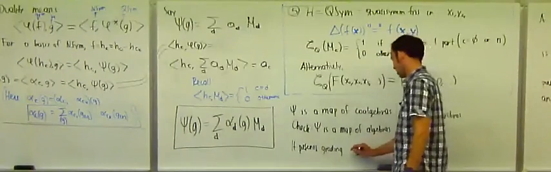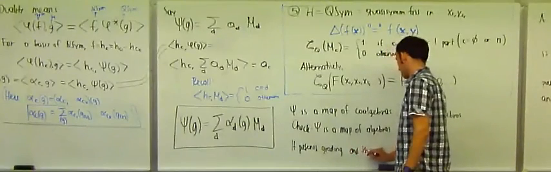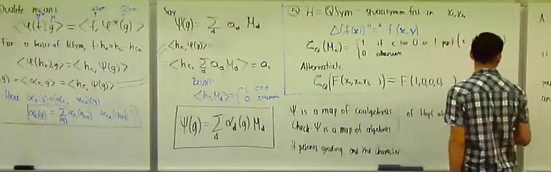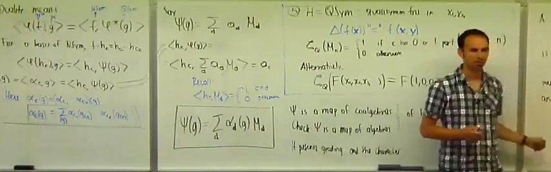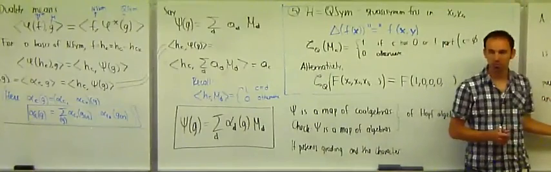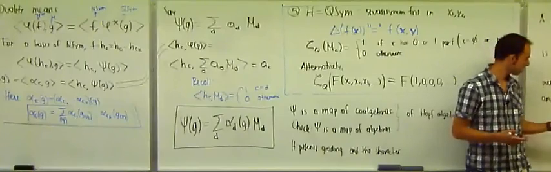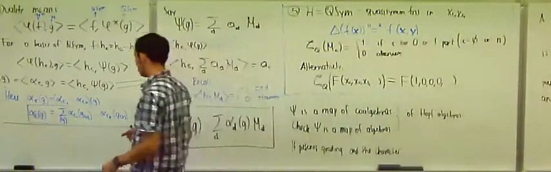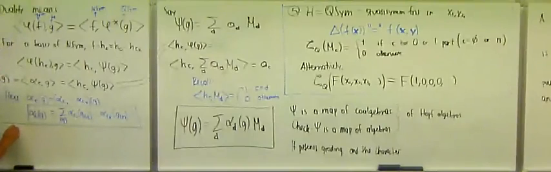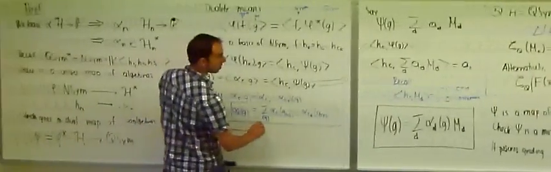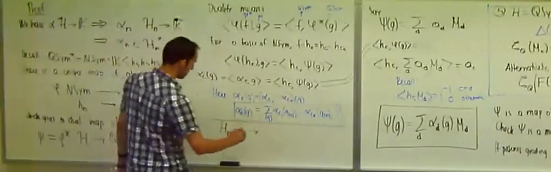So how do I know that the character is preserved? I need to check that this diagram commutes. Okay. Now I'm going to check that this diagram commutes. Given that this is graded, I'm going to just check it in degree n. Okay. So that's what I'm going to do over here. So here's Hn. Now I'm mapping this to QSYM n.